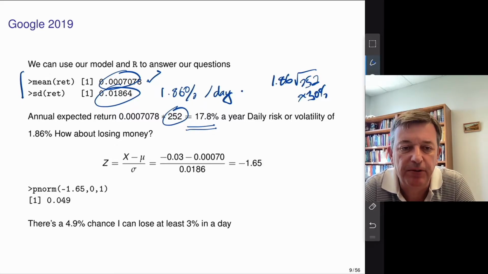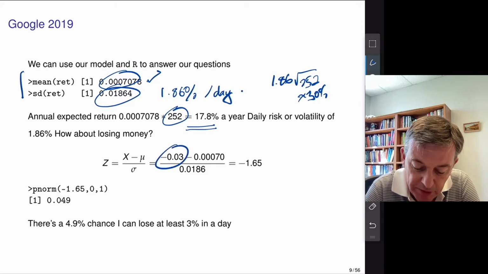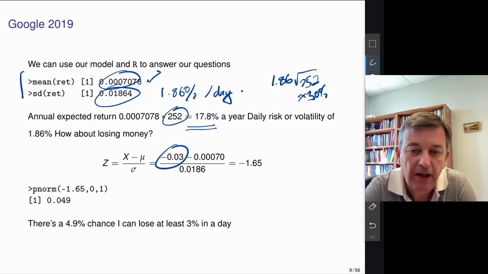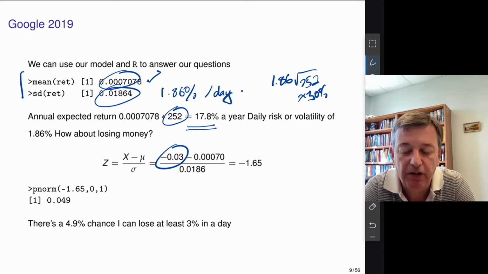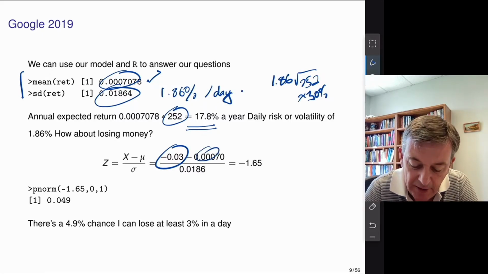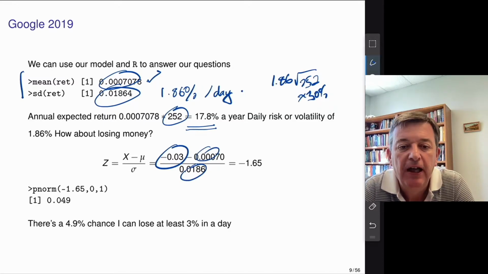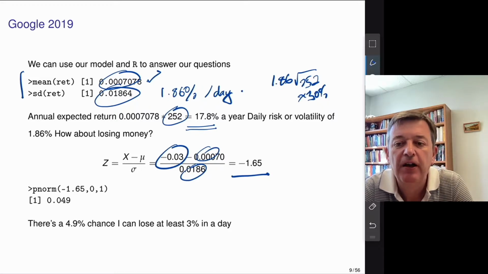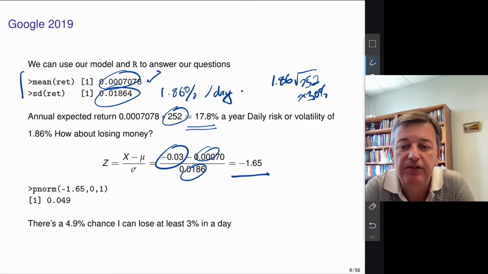Okay, so how about losing money? What's the probability that I would lose 3%? So there's my minus 3%. I take my normal model and standardize it, take off my best estimate of the mean, divide by the standard deviation, and I see that a 3% negative return in Google stock on a standard deviation scale is 1.65 standard deviations.